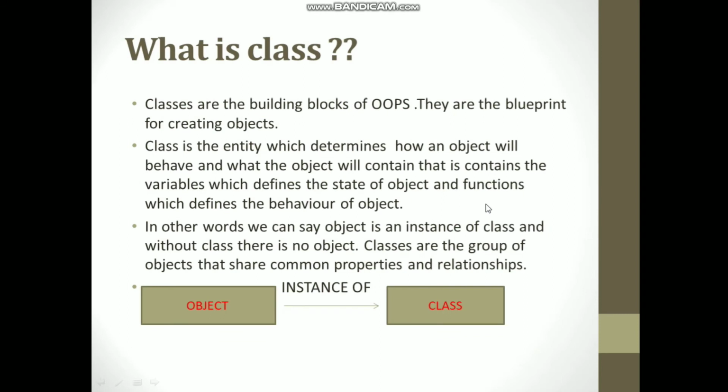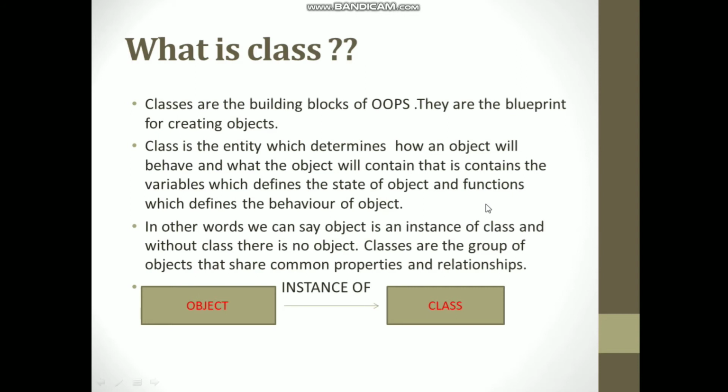Now what is a class? Classes are the building blocks of object-oriented programming structure. That means without the classes we cannot have an object. So they are the blueprint for creating objects. Class is the entity which determines how an object will behave and what the object will contain.